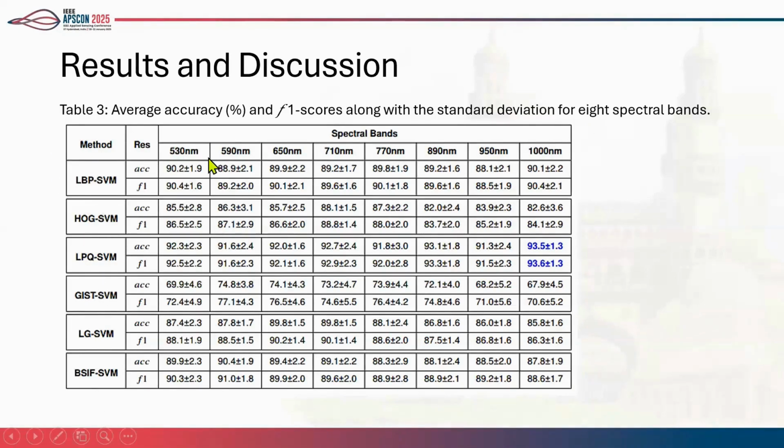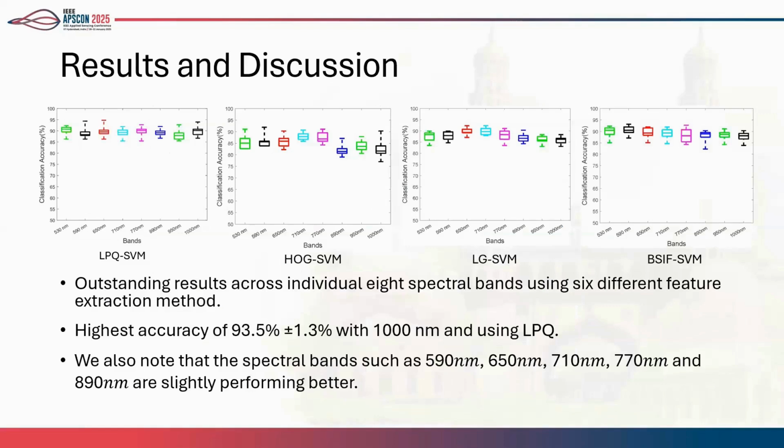These are some of the results which we have obtained across each of these algorithms. The accuracy and the F1 scores have been obtained for each individual band. Based on these results, what we observed is that each of these bands performs consistently well, with no band performing exclusively better for all these methodologies. These are the box plots that we have obtained, which show the mean and variance for the various algorithms.